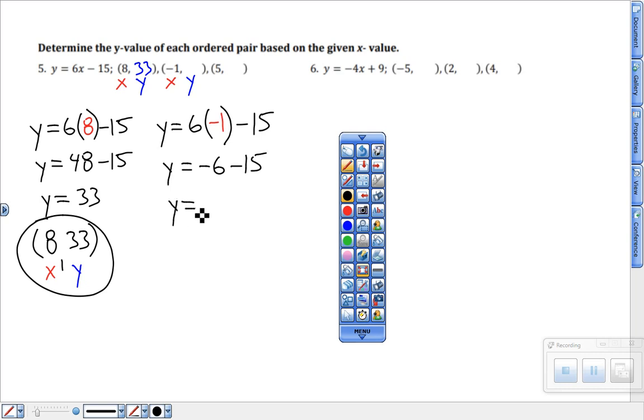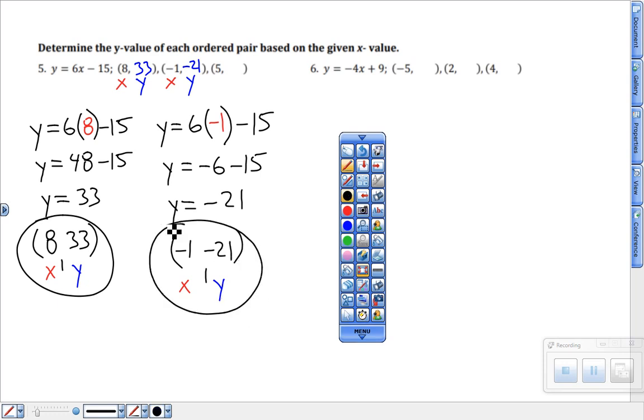Combines to give me two negative numbers, an even bigger negative number, -21. So I could see when I plugged in x is -1, y is -21. If I was to write that as a coordinate, the x number, the number I plugged in, was -1, and the y number that got spit out after doing that math was -21. So again, equations with two variables, an ordered pair gives you half the coordinate.